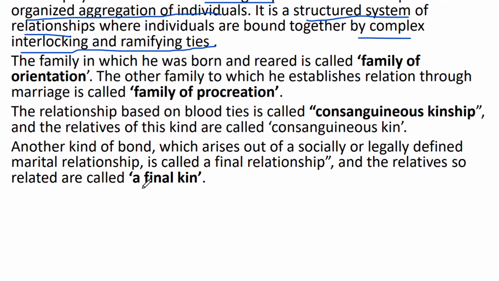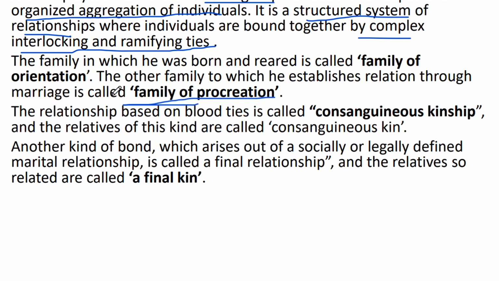The family in which one is born and raised is called the family of orientation. The other family, in which one establishes relations through marriage, is called the family of procreation. So these are both kinships.